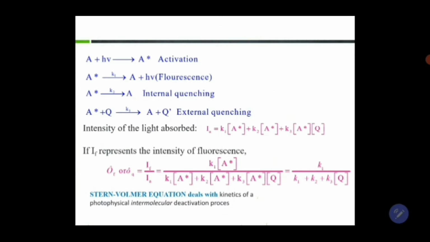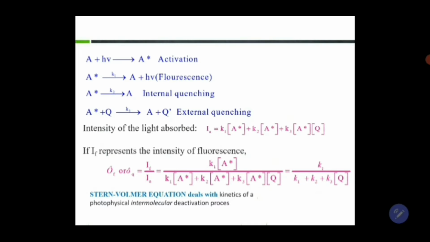When a molecule is absorbing energy, we say the molecule has got activated, so we represent it by using a star, A star. And the excited molecules can get de-excited in many ways. One of the ways is fluorescence, where the excited molecule emits radiation in the form of fluorescence. So A star gives A plus h nu, K1 is the rate constant.